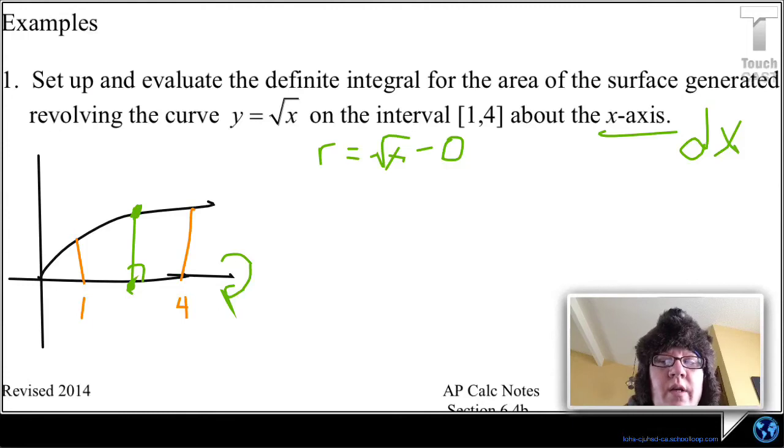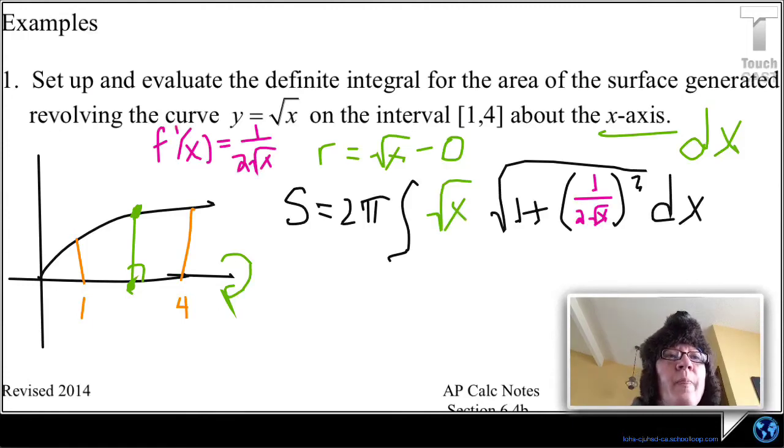So when I integrate, I'm going to get 2 pi times my radius, and then my arc length. If you notice, I went over there to the left and calculated my f prime, because I needed that for arc length. And then you'll notice that I left off the bounds, but if I go back and look at the bounds for x, it went as far left as 1 and as far right as 4.